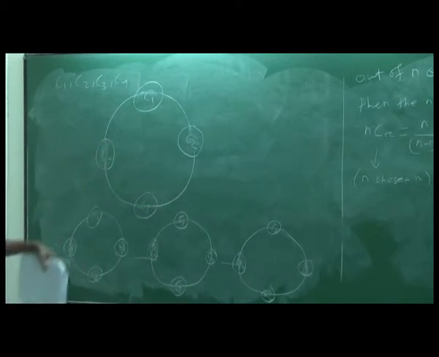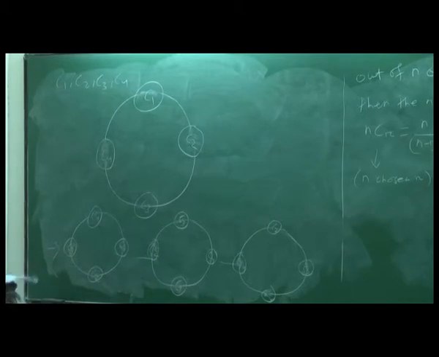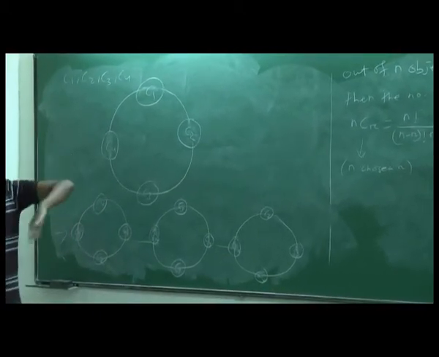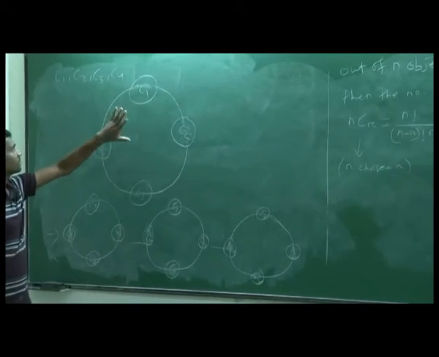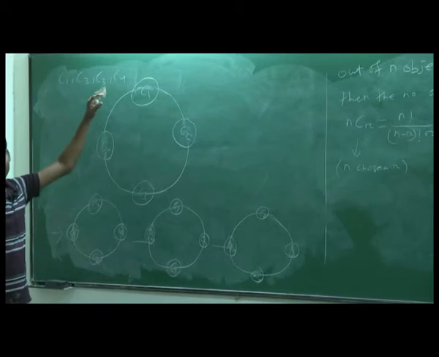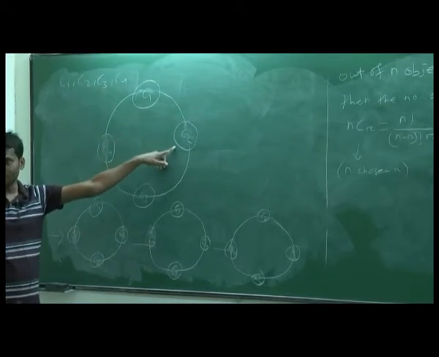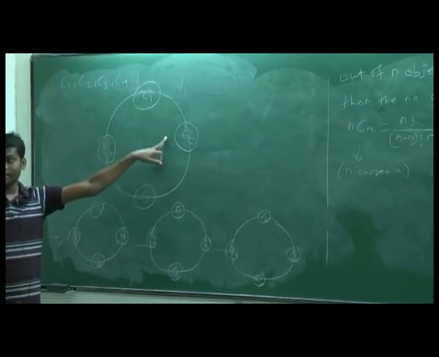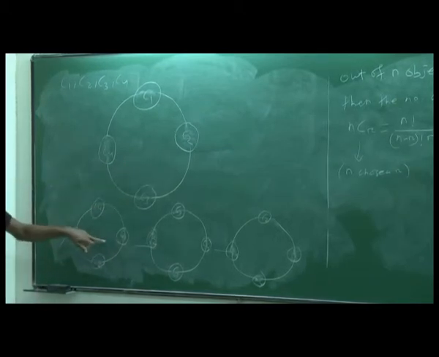Okay. So if you see this arrangement, if you consider who is sitting to the left and who is sitting to the right, then if you observe, C1 is always sitting to the right of C2. Here C1 is sitting right of C2.